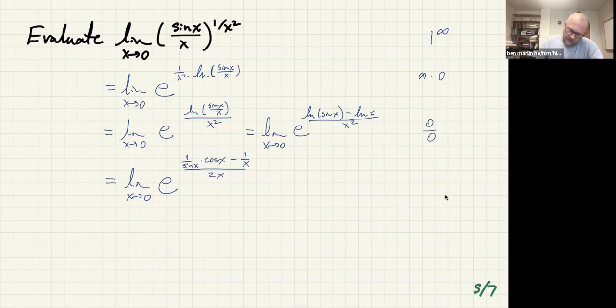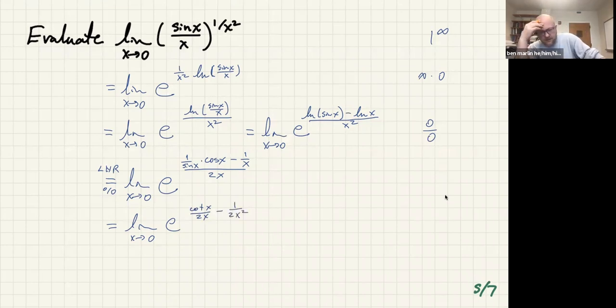So then if we simplify, oh, I forgot to write something. L'Hopital's rule. What kind was it? 0 over 0? Yeah, okay. All right, so now we're going to say e to the, okay, that would be cotangent x over 2x minus 1 over 2x squared.